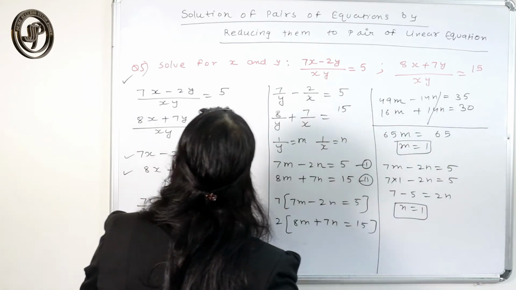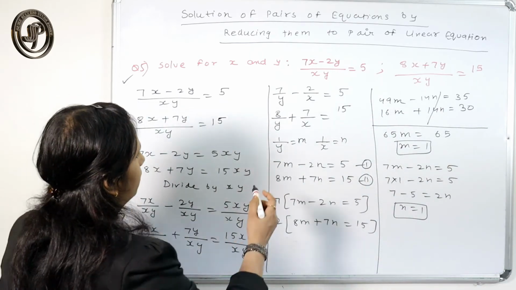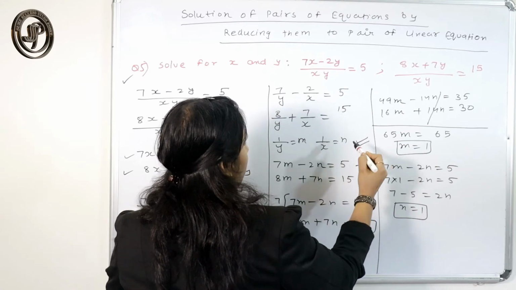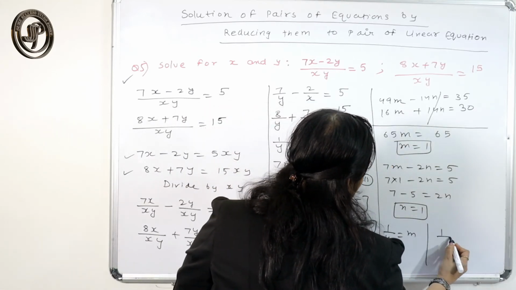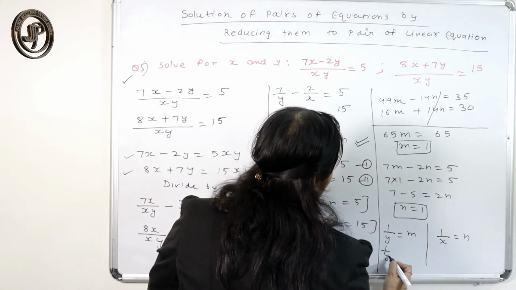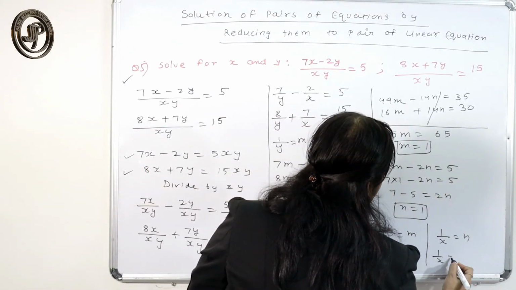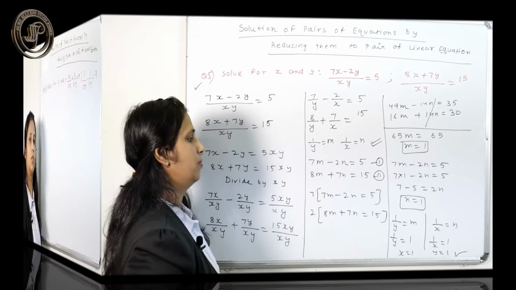Now, the thing that we have substituted, 1 by y as m and 1 by x as n. So 1 by y is 1, 1 by x is 1. Therefore your x is 1 and y is 1.